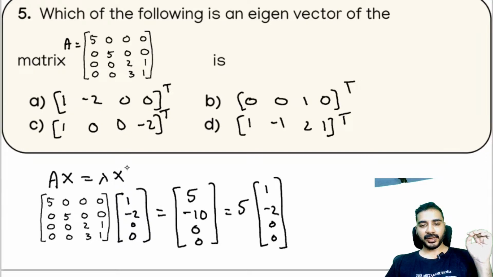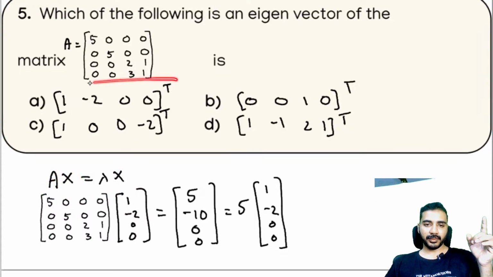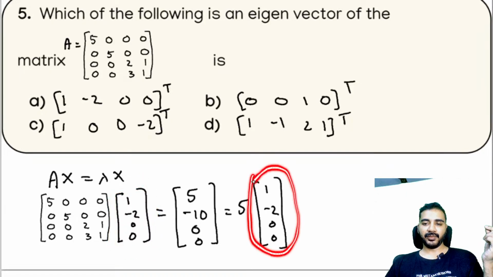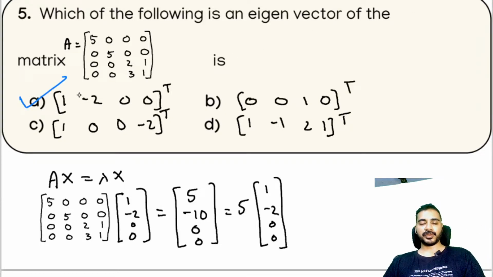So I can say that x is an eigenvector of the matrix A. When I multiply this vector, I am getting a scaled version of that same vector.